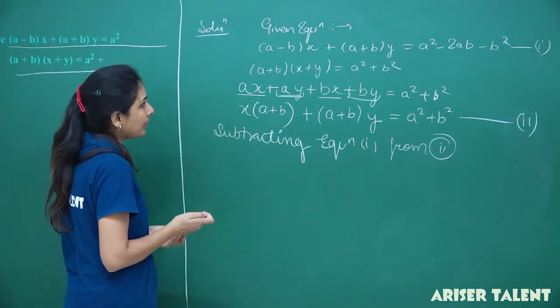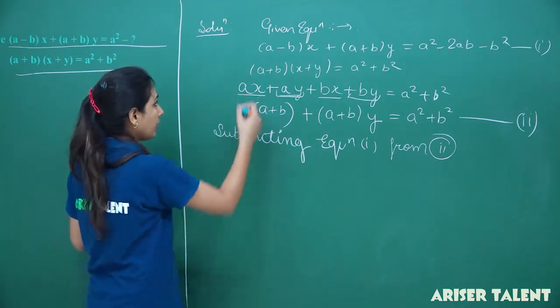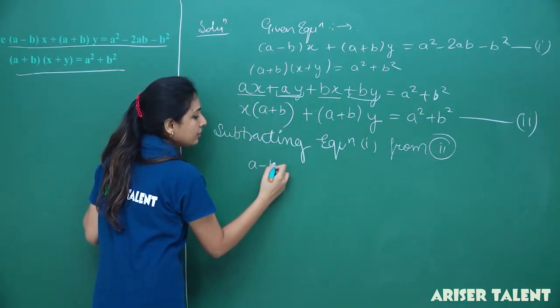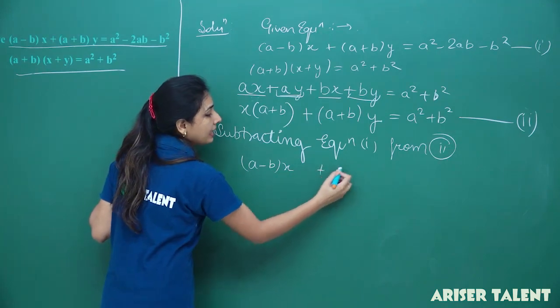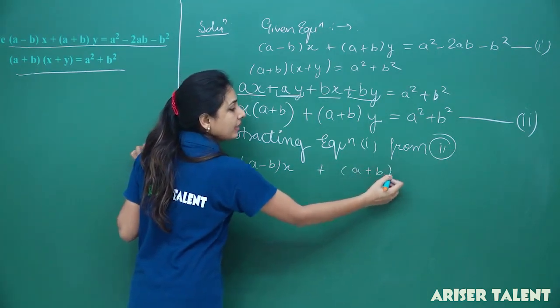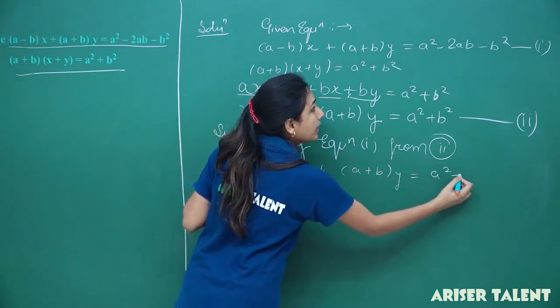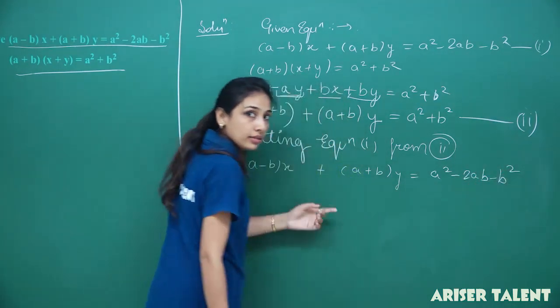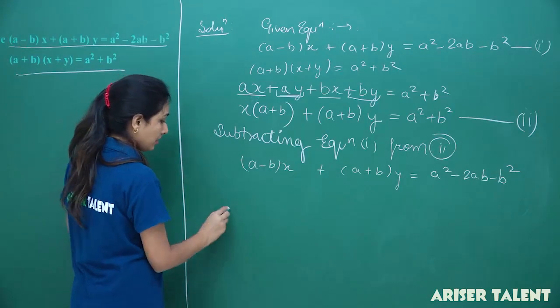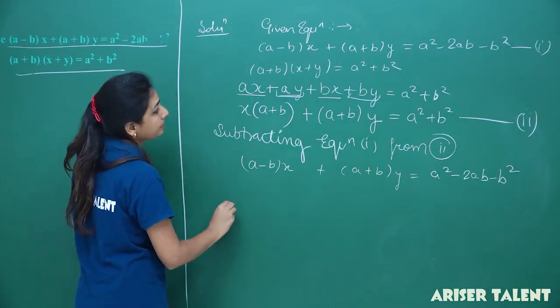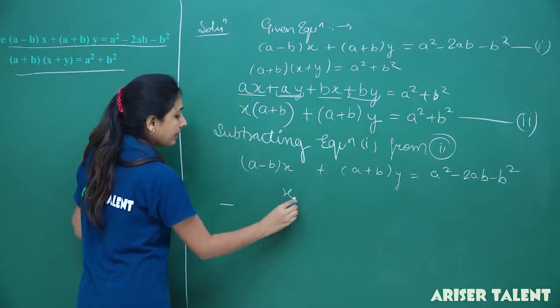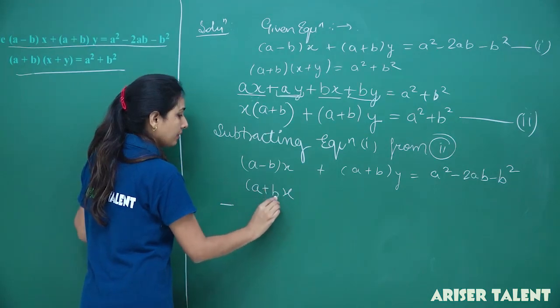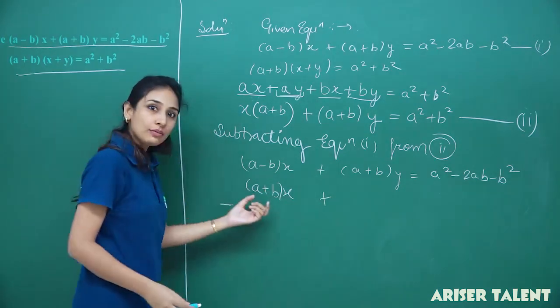I can just simply write it in that way. Plus (a plus b)y equals a square minus 2ab minus b square. This is the first equation minus. Now, I have to minus this (a plus b)x. What do you have to do?